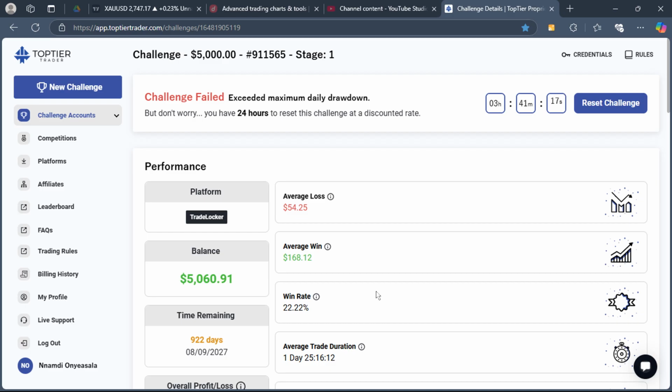It's Namdi Trades here. So as you can see, guys, this is a profit account that I was trading before, the challenge, and it was breached.